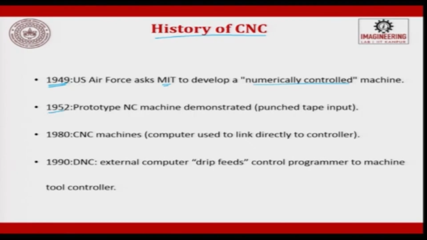In 1952, the first prototype NC machine was demonstrated using punch tape input. This punch tape is an older version of storage. Okay, they demonstrated in 1952.